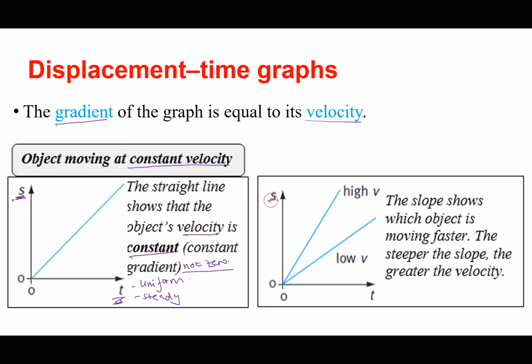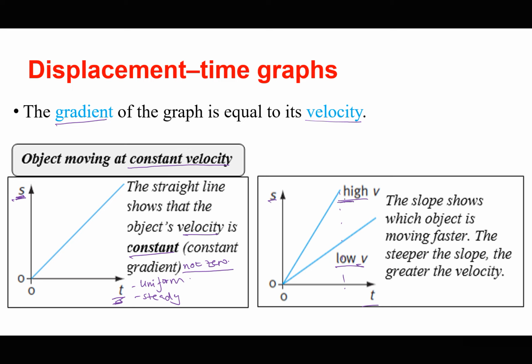So we have two graphs of displacement against time. Compare the first one with the second one. A line which is closer to the x-axis is less steep than a line which is closer to the y-axis. So we can say the line which is closer to the y-axis is steeper than the line which is closer to the x-axis.